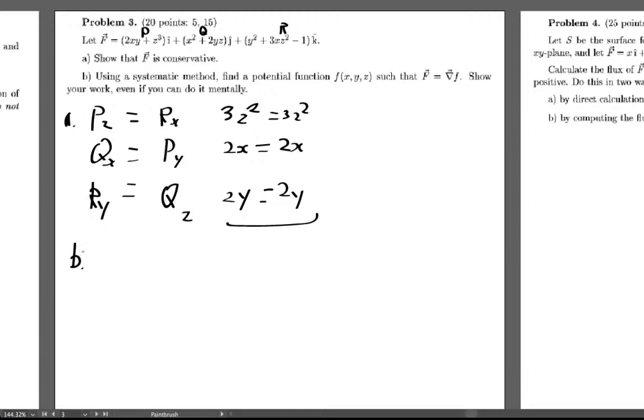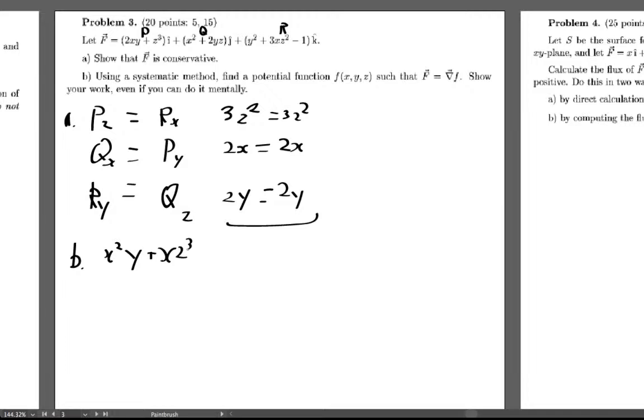You first integrate P in terms of x straight away. In your mind, it would be x squared y plus xz cubed, and obviously you have the plus c of something else.